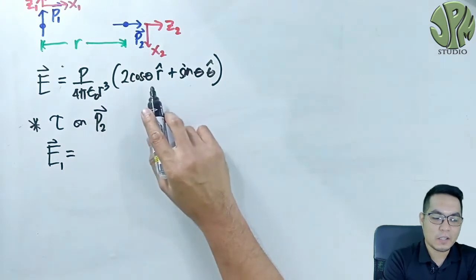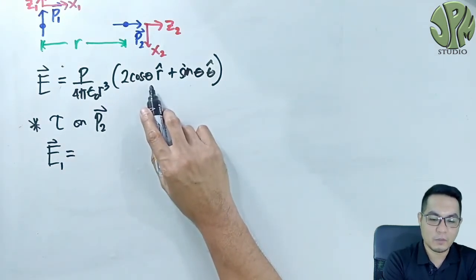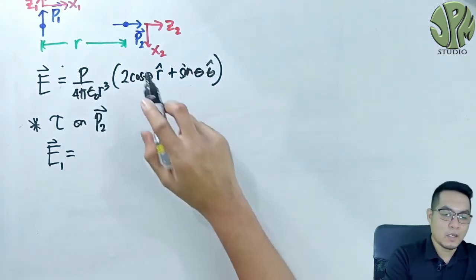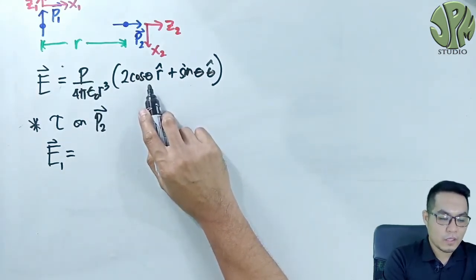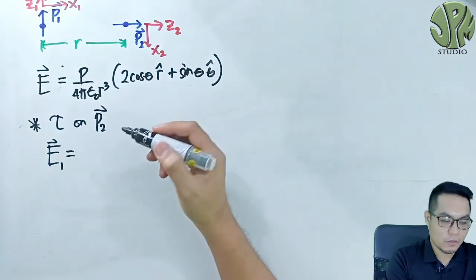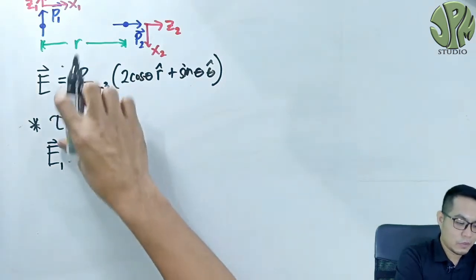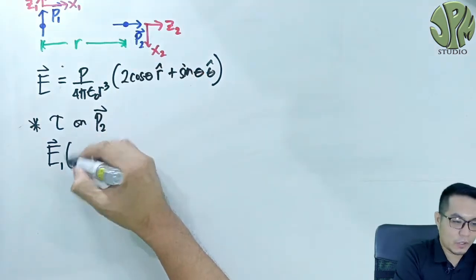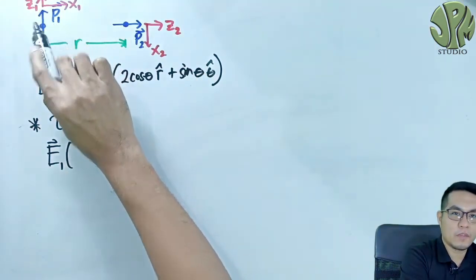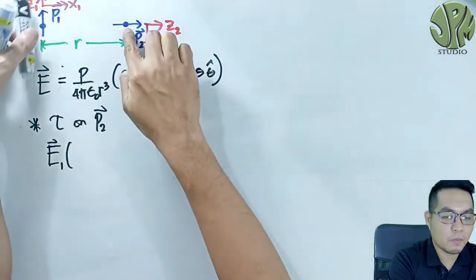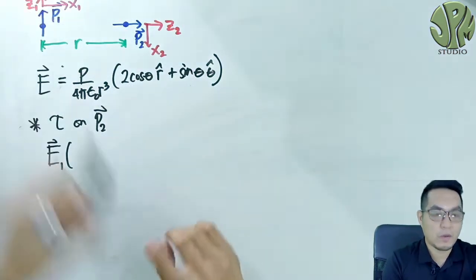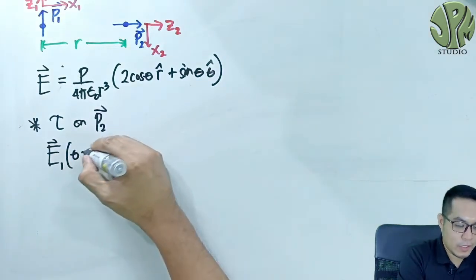We just replace theta by theta 1 and P by P1. At the location of P2, with respect to the dipole P1, theta is equal to pi over 2.